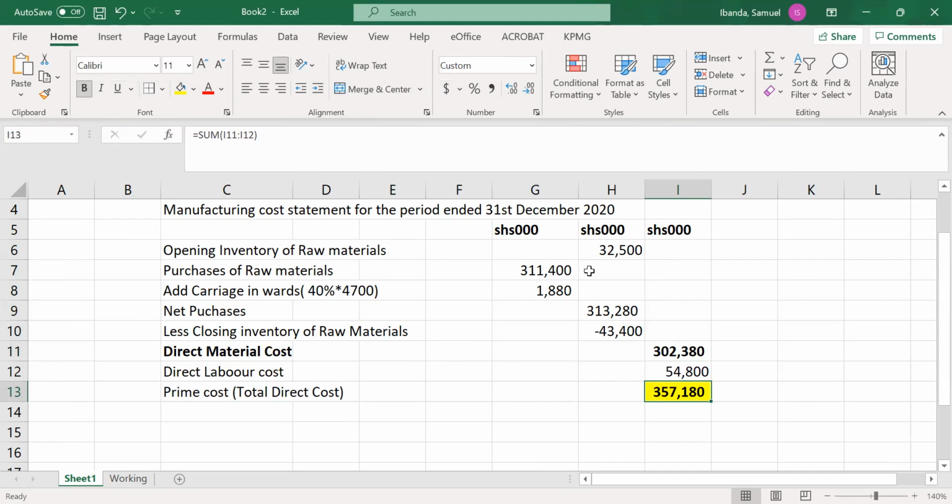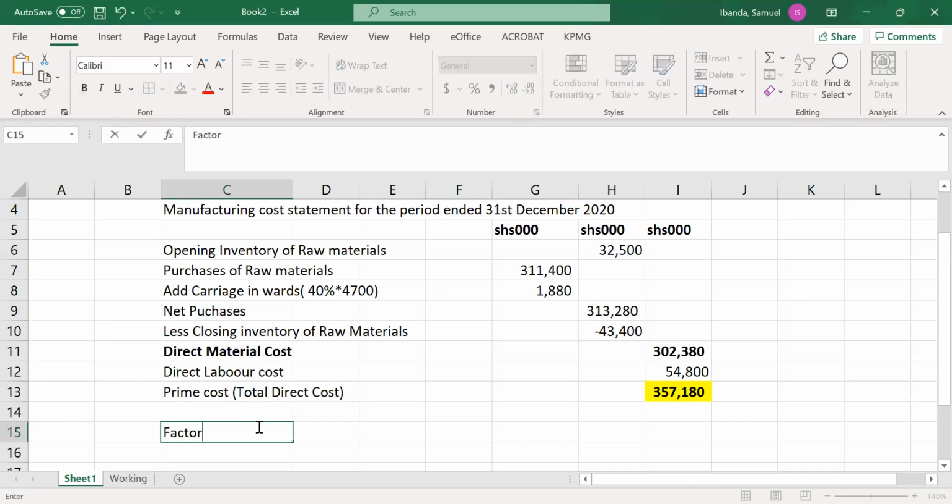So once you have this value, you now look at your overheads. We're now going to proceed to look at our so-called overheads, which are also the factory indirect costs, because these are direct costs.